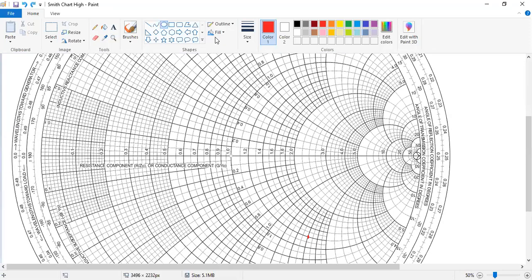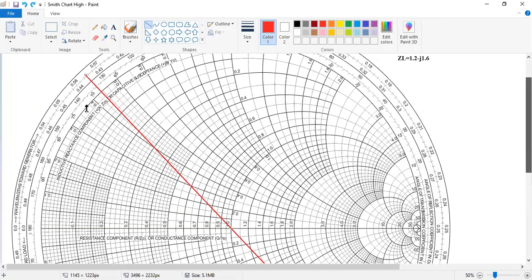You take a straight line from this point, pass it through the origin, and extend it outside, out of this mixture.